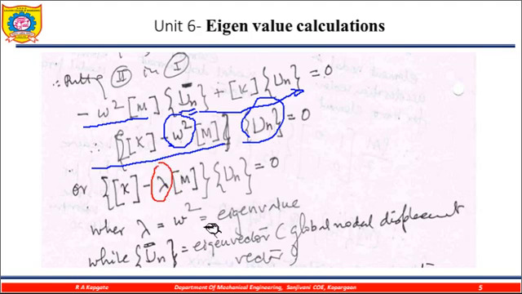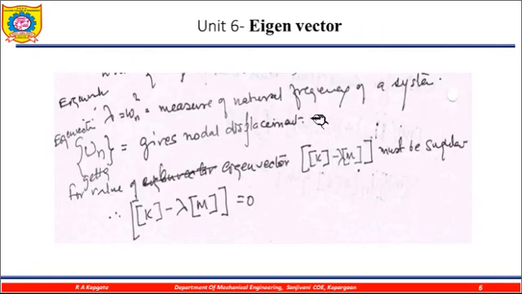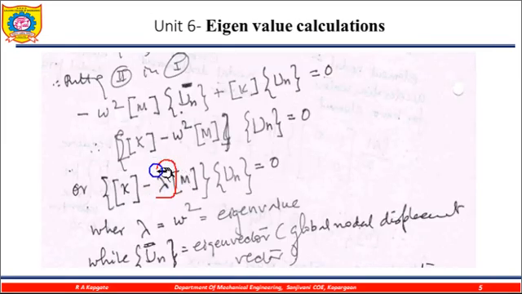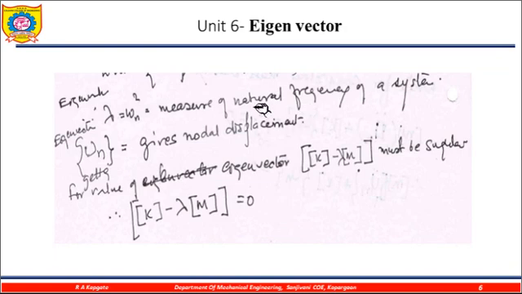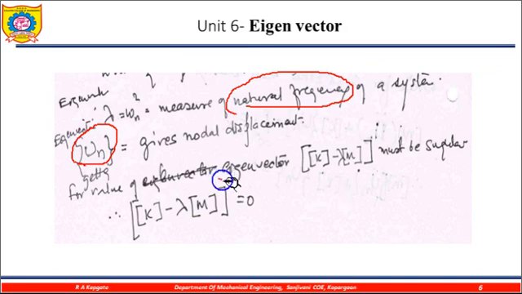Now this lambda is the eigenvalue, and this eigenvalue is telling me the natural frequency. So this lambda is very important for me. Lambda is equal to omega square. So omega square is my natural frequency, while un is telling me the eigenvector, and this gives me the displacement.